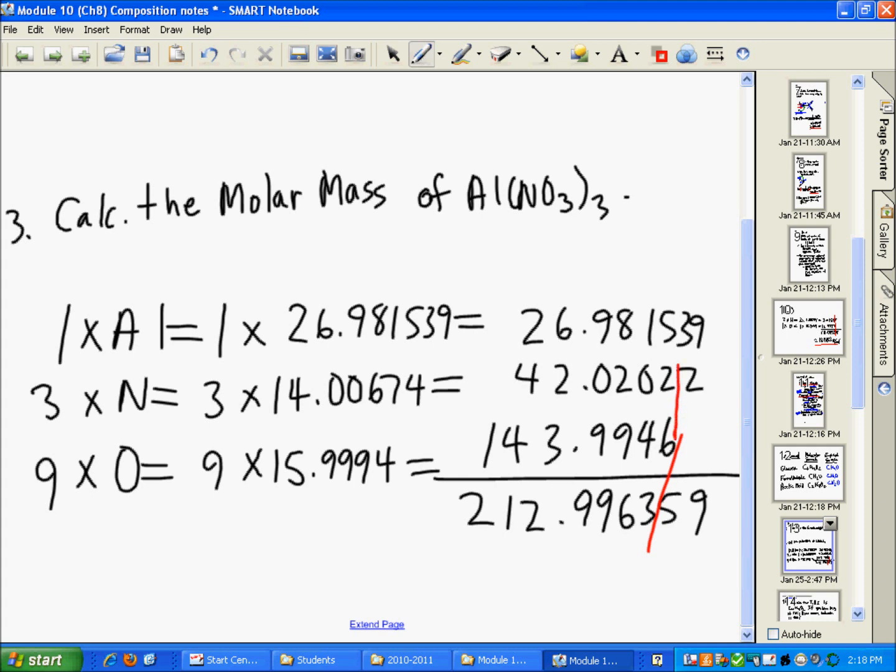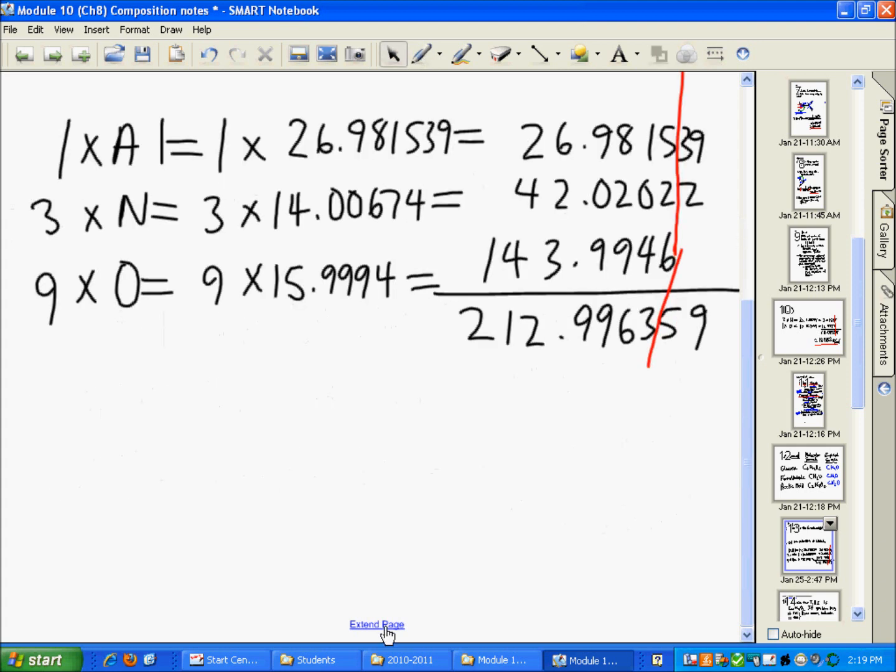And so it's going to be there. There's a cutoff. So what does that round to? We're going to round that to 212.9964. 212.99. Good. And what's the unit on that?